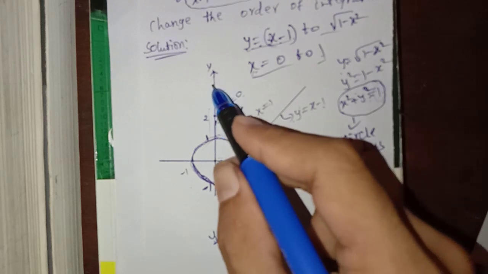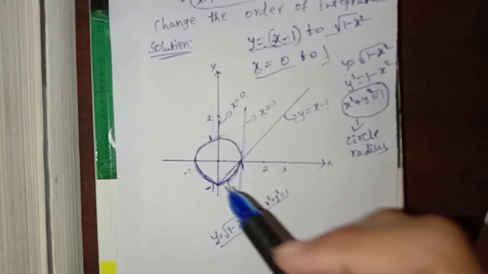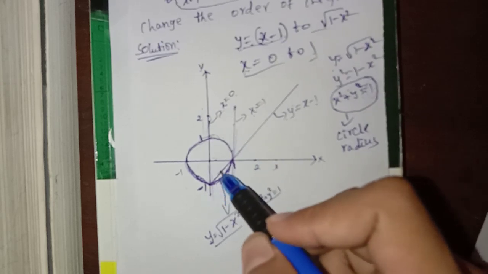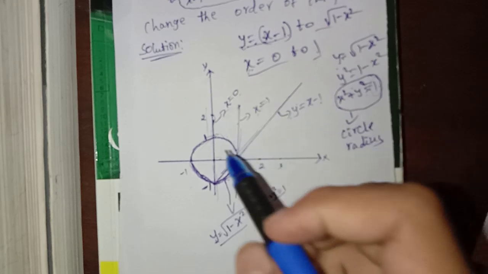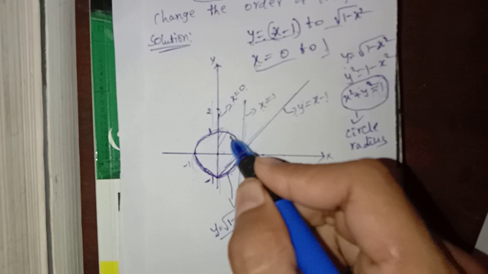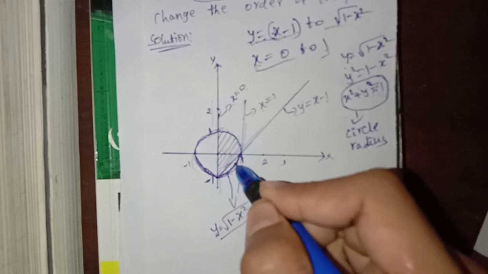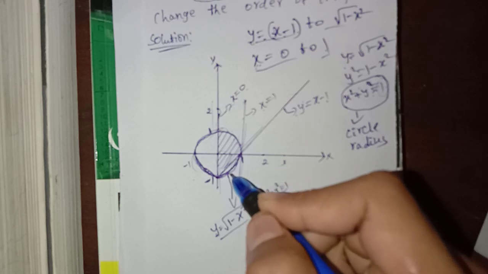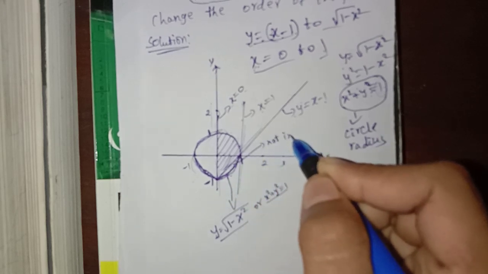The region is bounded by x is equal to 0, x is equal to 1, y is equal to x minus 1, and x square plus y square. So this is the required region. Up to here, this region is not included. This region is not included.